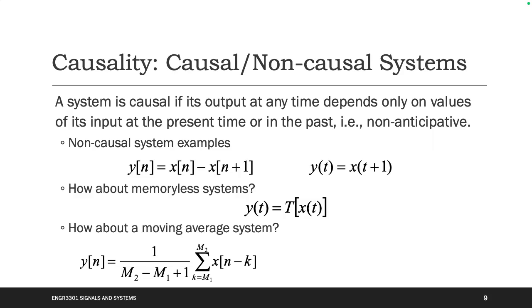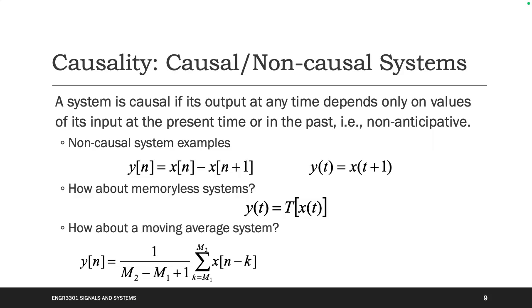But if k is greater than 0, which means n minus an integer, that makes sense to you? If k is smaller than 0, for example k equal -2, this part will become x plus 2.